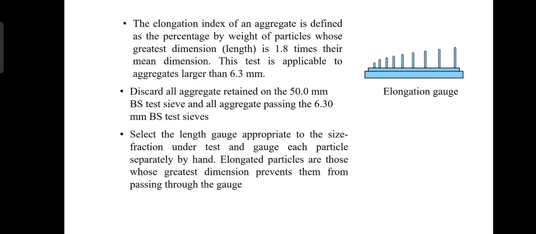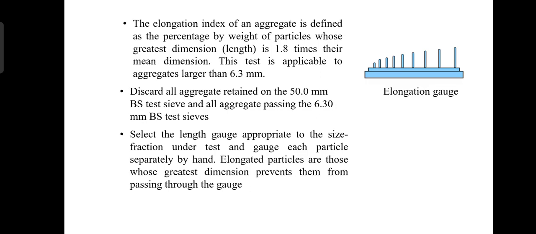The elongation index of an aggregate is defined as the percentage by weight of particles whose greatest dimension, that is the length, is 1.8 times their mean dimension. This test is applicable to aggregates larger than 6.3 mm. Discard all aggregates retained on the 50 mm BS test sieve and all aggregates passing through the 6.3 mm BS test sieve.